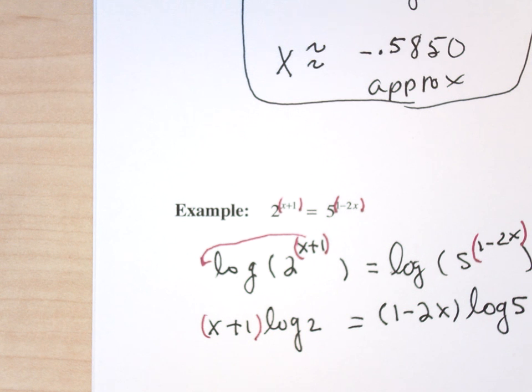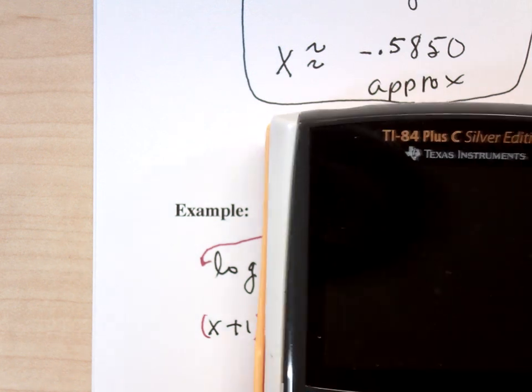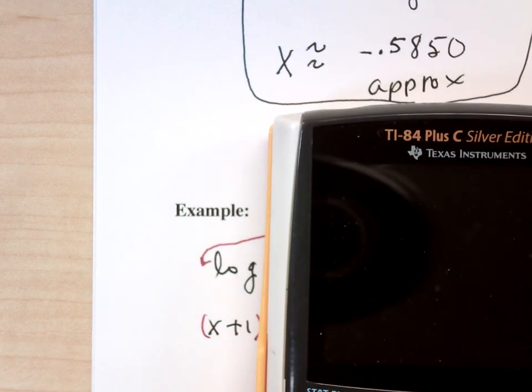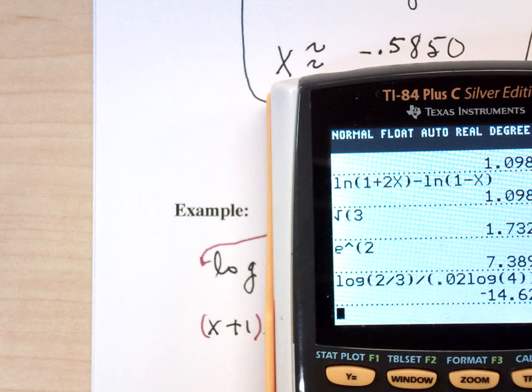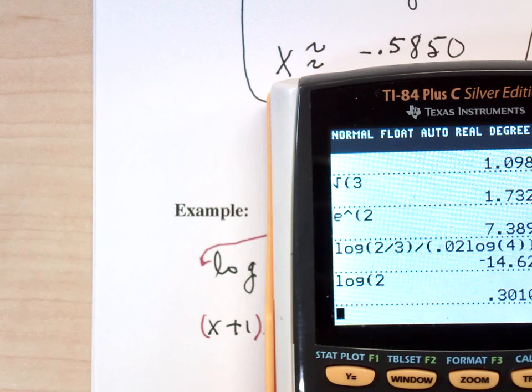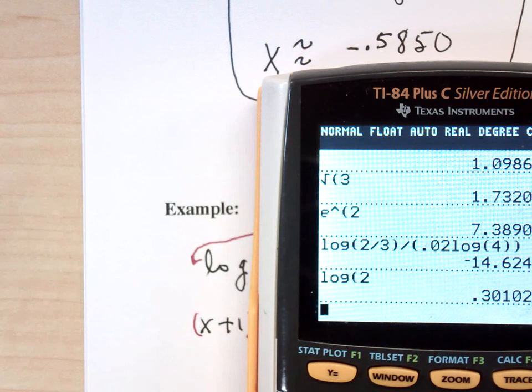Now at this stage, log of 2 is a number, log of 5 is a number. And for you guys, I wouldn't have a problem if you went ahead and changed the log of 2 to, say, 4 decimal places, 0.3010, or 0.301, and worked it that way, because it's just a number.